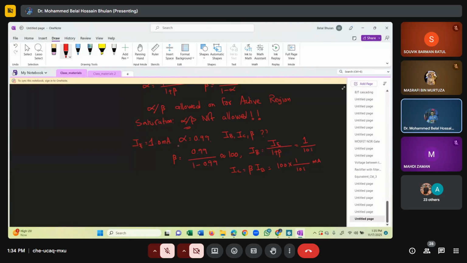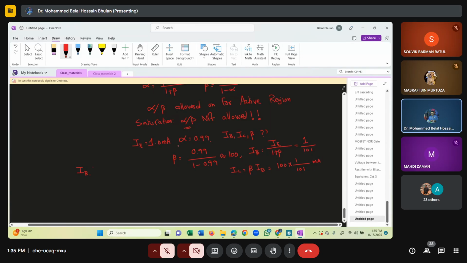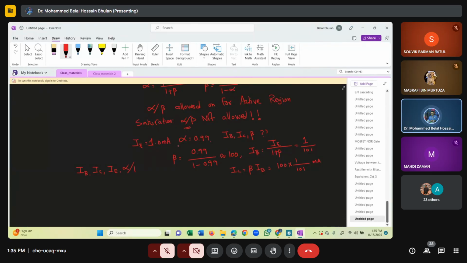So between these 5 terms, IB, IC, IE, alpha, and beta are in fact synonymous, because if you know alpha, you can determine beta, and if you know beta, you can determine alpha. If you know at least one current component along with alpha or beta, or 2 current components, then it is possible to determine all the other parameters.